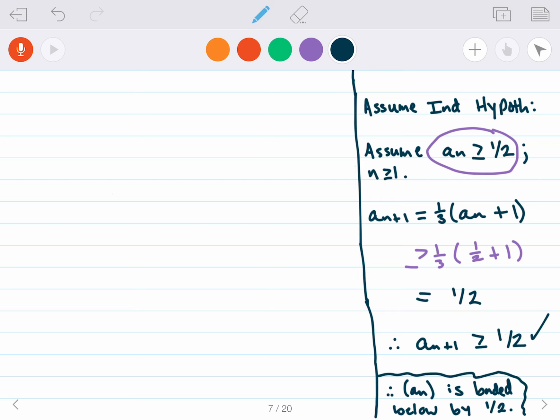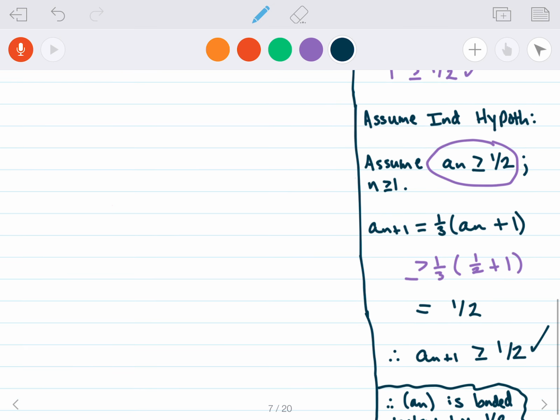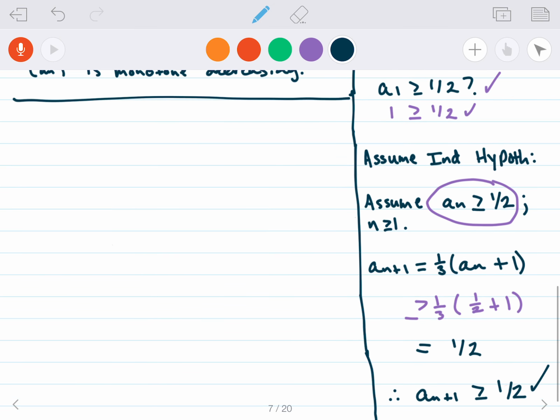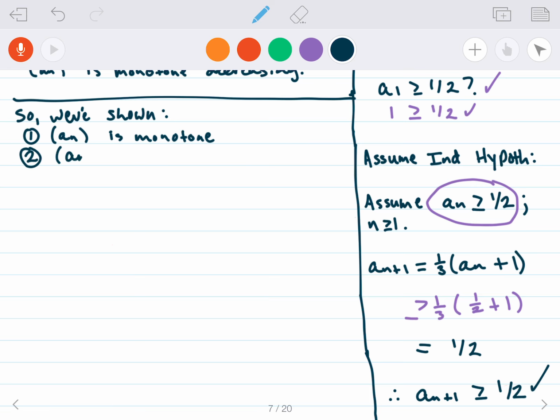Okay, so by the monotone convergence theorem, this thing is going to converge, and it's going to converge to some limit. So I'm going to write this over here. So we've shown 1, the sequence is monotone, and 2, the sequence is bounded.